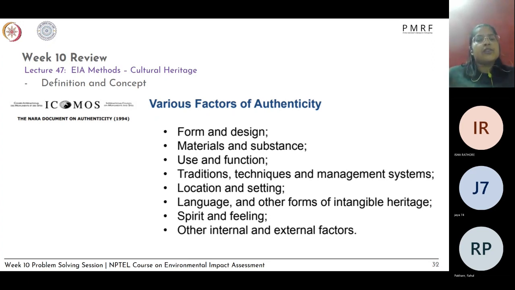And this is based on a number of factors, including form and design, materials and substances used, the use and function of the object, monument, or artifact, traditions, techniques, and management systems, the location and setting, language, and other forms of intangible heritage, the spirit and feeling or the perception, and other internal and external factors. So these factors are used for assessing the authenticity of the cultural heritage or the value we associate with the cultural heritage. And these then influence the sort of mitigation efforts or protection or conservation efforts we need to do towards our sites.